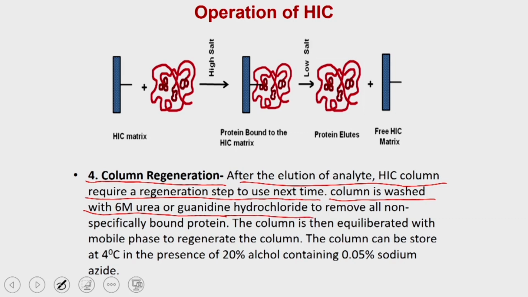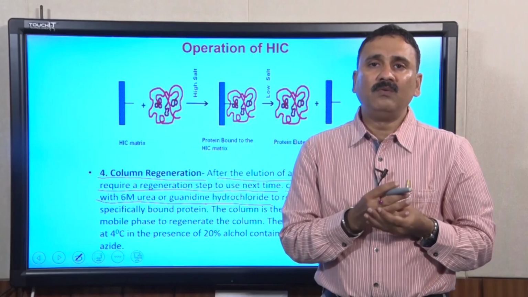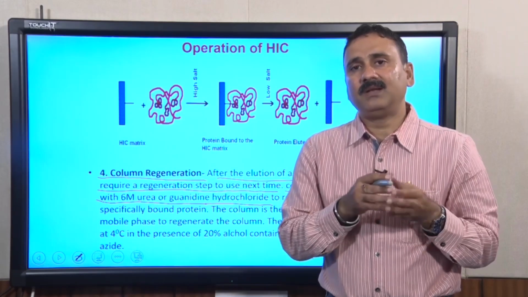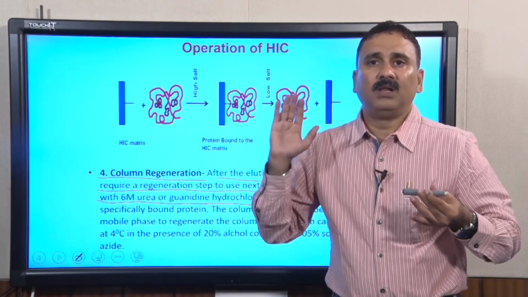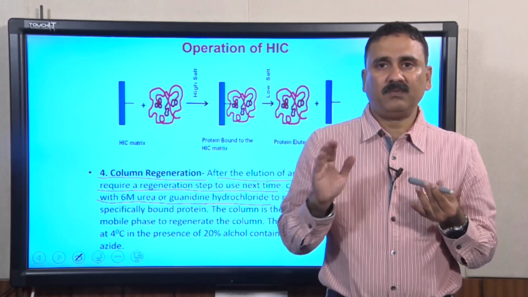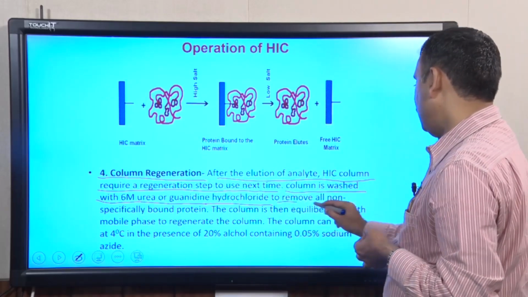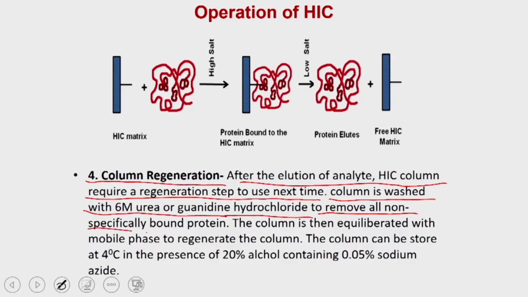This is going to denature all the proteins, and it is going to remove the non-specifically bound protein on the beads, as well as all the proteins bound to the ligand. So, that will remove all non-specifically bound protein. The column is then equilibrated with the mobile phase to regenerate the column.